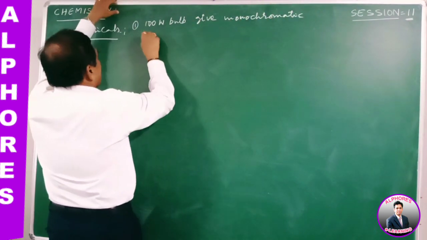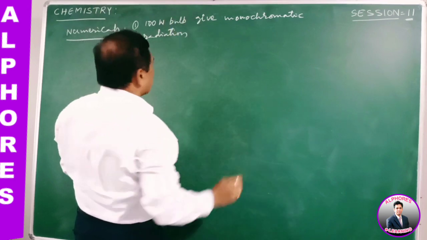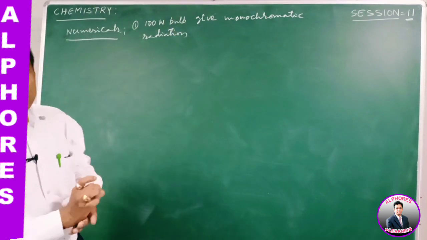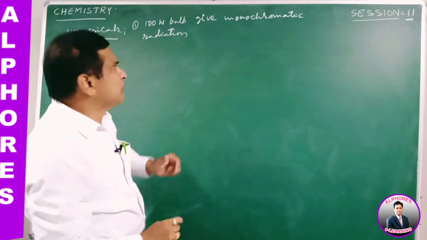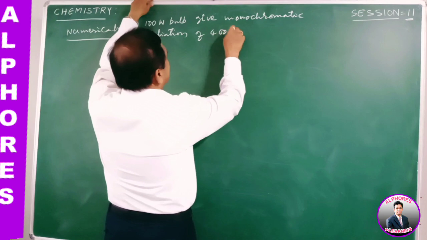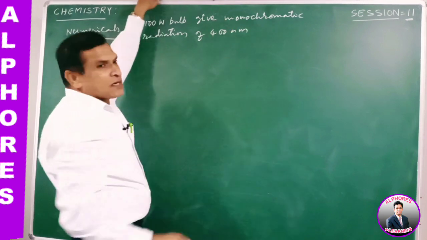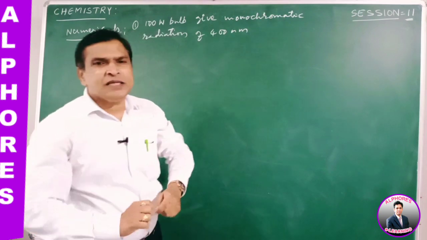That means it is giving out monochromatic radiation of 400 nanometers wavelength. Okay, so what we have to find in this?